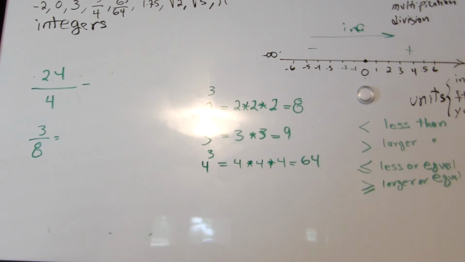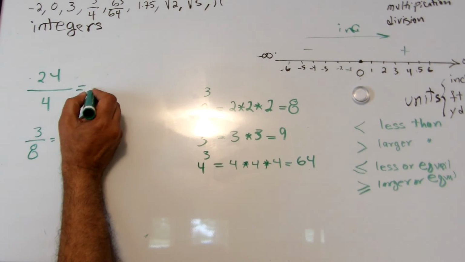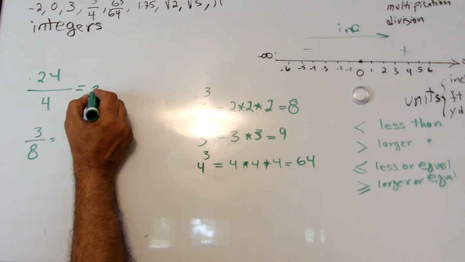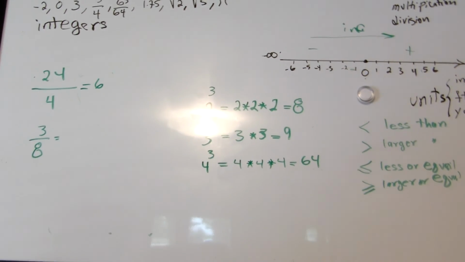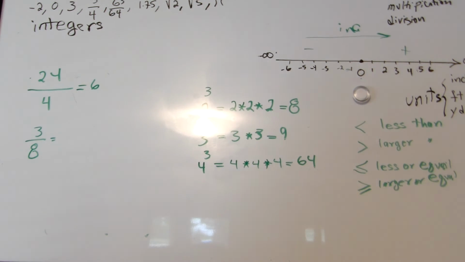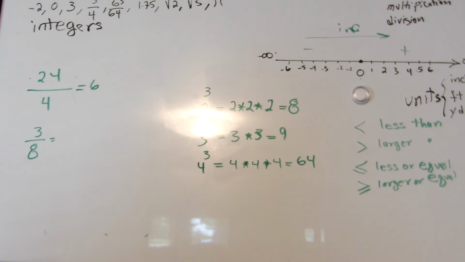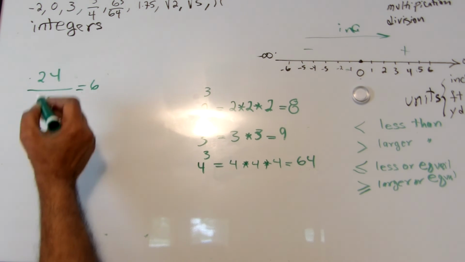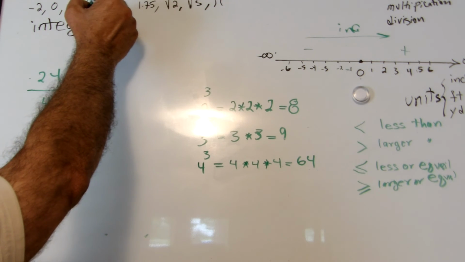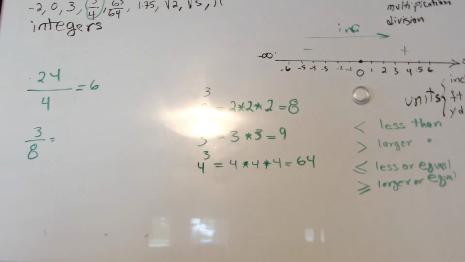Now 24 over 4 is going to be 6. You can put it in the calculator, or you can do it by hand. What about this one? This is a fraction.